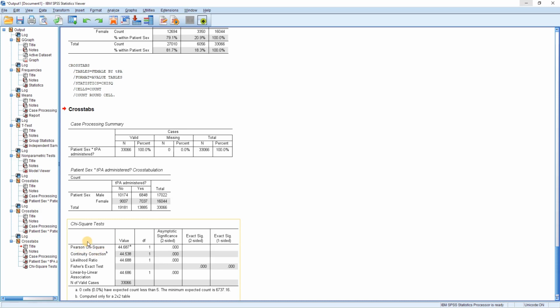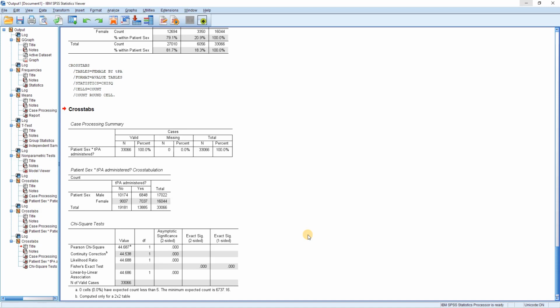So we will look down here to see that my Pearson chi-square has a significance value of 0.000, which would in fact mean that there is a statistically significant difference between patient sex and if they received TPA en route to the hospital.